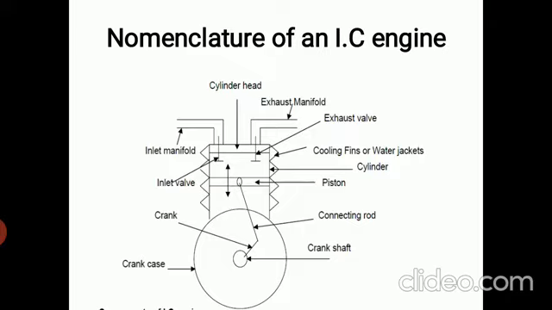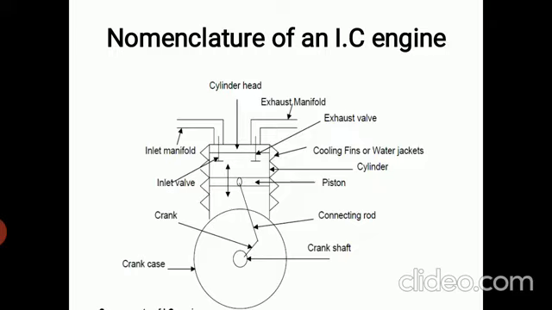Because most of the time, in bikes and some other vehicles, power is supplied to the rear wheels. If you take two-wheelers, the rear wheels are connected with the engines through a chain drive. So the crankshaft is connected to the rear wheels.